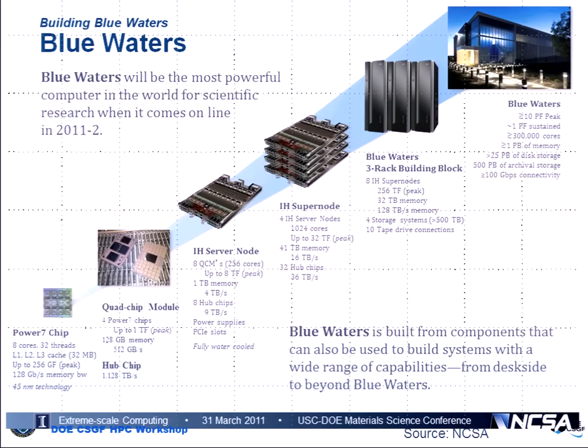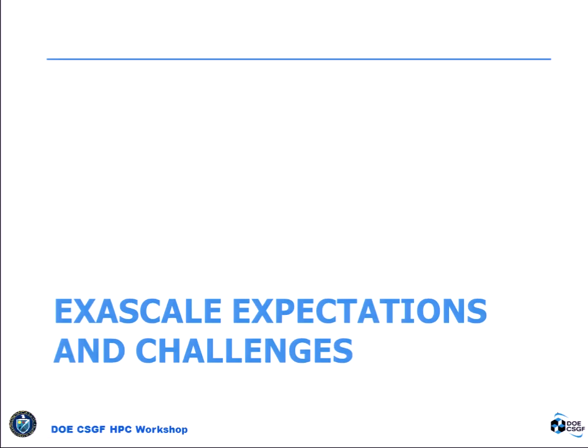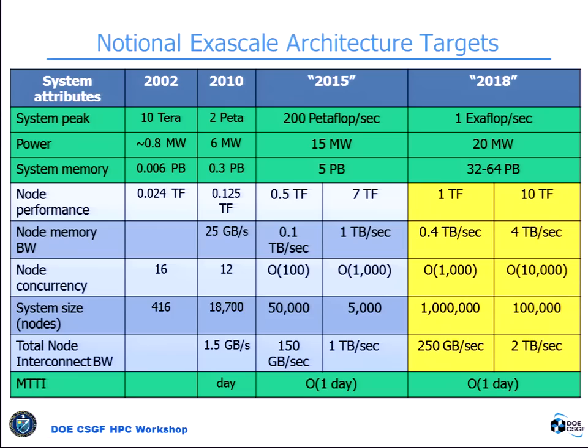The peak floating point rate, the power, the amount of memory you have is increasing some, but not at the same rate. So that gives you an idea that there are multiple architectures people are looking at in addition to just your normal x86 clusters. There are now projections about where we're going to be for an exascale architecture.